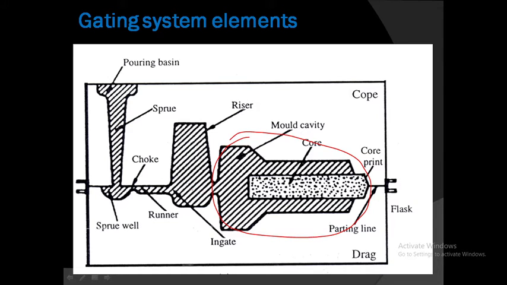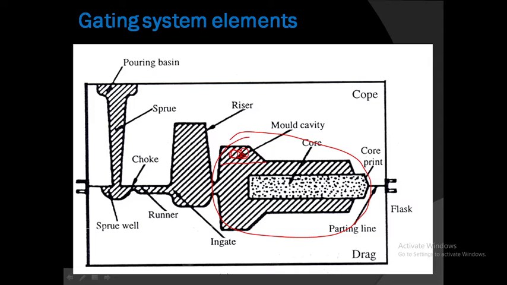Okay, that means the gating system should be such that the mold cavity is completely filled before solidification. It should not happen that the gating system is designed in some other way, so that whenever the metal is filled over here, it is solidified. So this will form a cavity, and this will produce a bad casting.